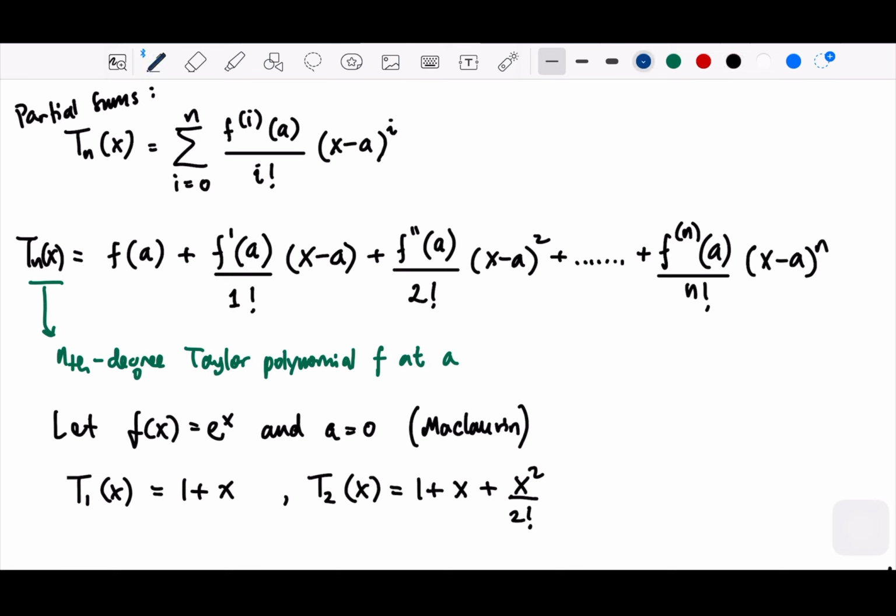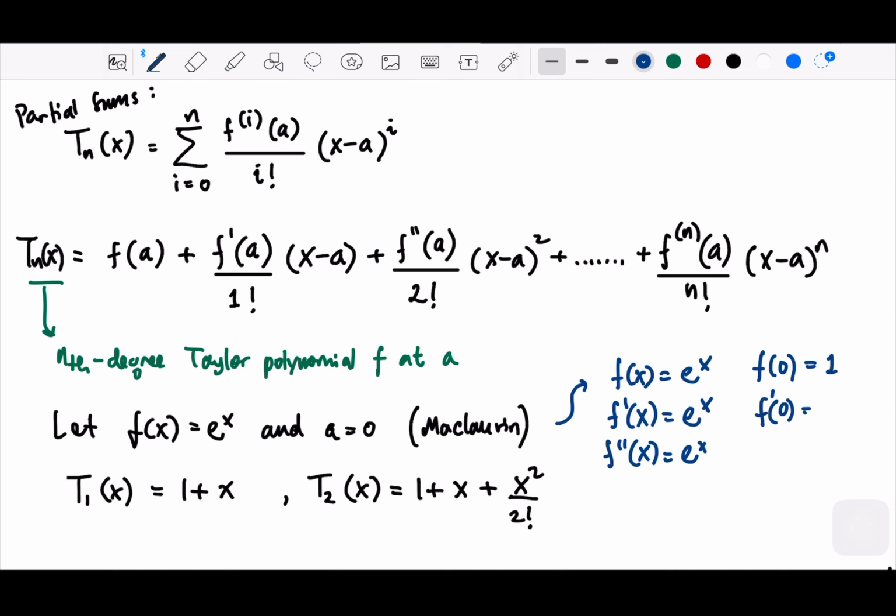If you want to make sure, you can write this: f(x) is e to the x, f prime of x is also e to the x, f double prime of x is also e to the x, and when x equals 0 it's 1, this is also 1, this is also 1. And then you substitute to the formula.